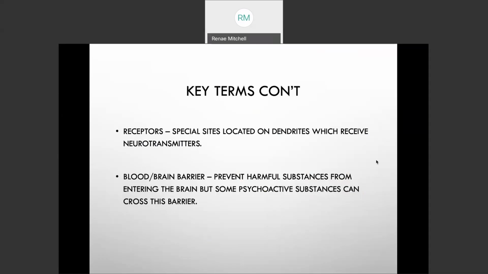When they get to the brain, however, there is a particular layer of cells in between the blood vessels in the brain and the brain tissue itself. That layer is called the blood-brain barrier. It regulates what from the blood is allowed to enter into the brain, and the idea is that it prevents harmful substances from entering the brain.